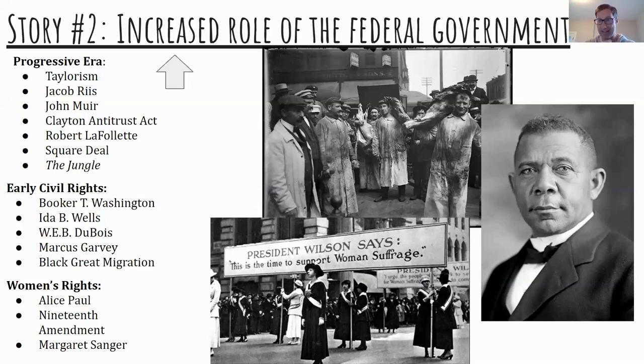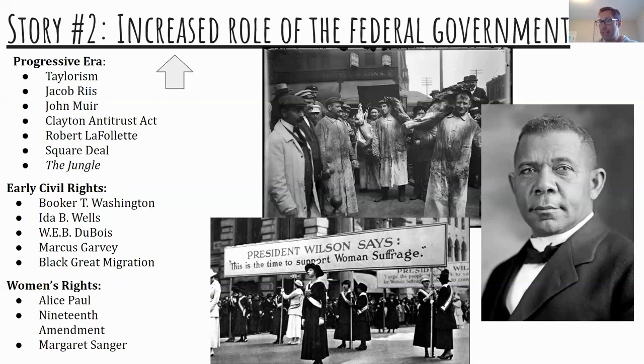That doesn't mean it's constantly increasing. There are some moments where it increases a little and then it's obviously going to go down, but the general trajectory of this time period is that the government is getting more and more involved, taking on responsibilities for more things in society, pushing for greater rights for more people, and that's what I want us to know about this story.